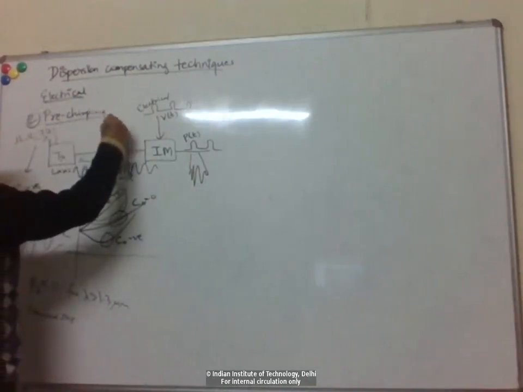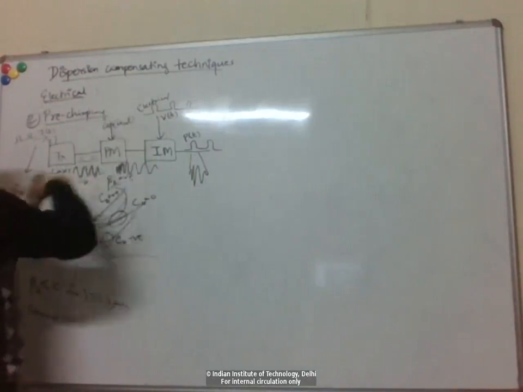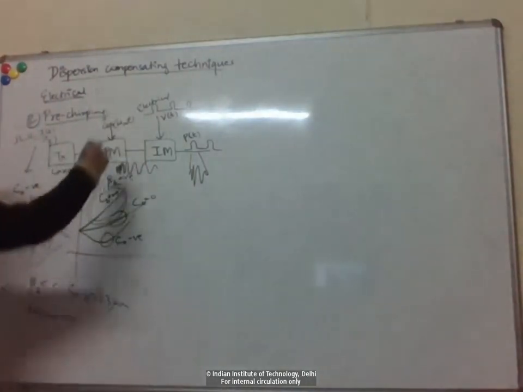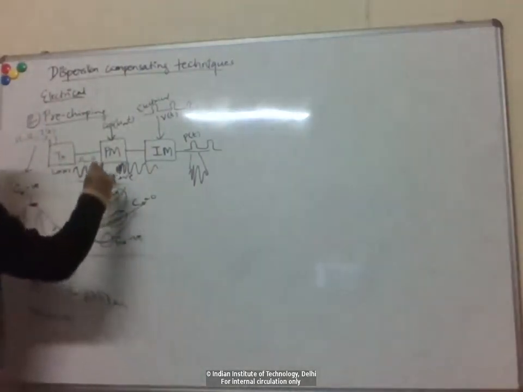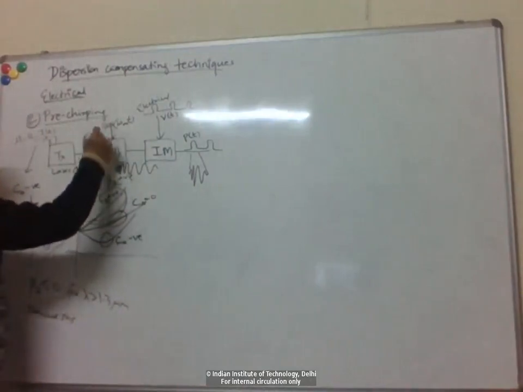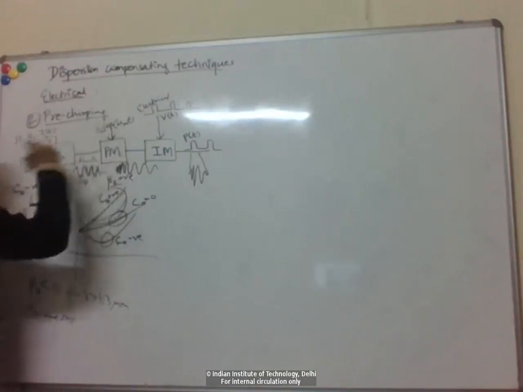So if you have some cosine omega m t, where omega m is some microwave frequency, this could also have some amplitude, delta or something.